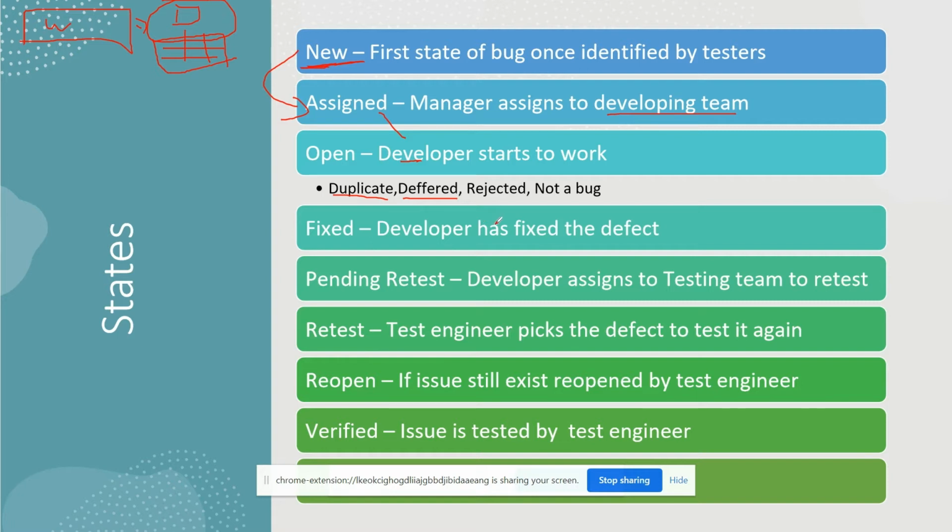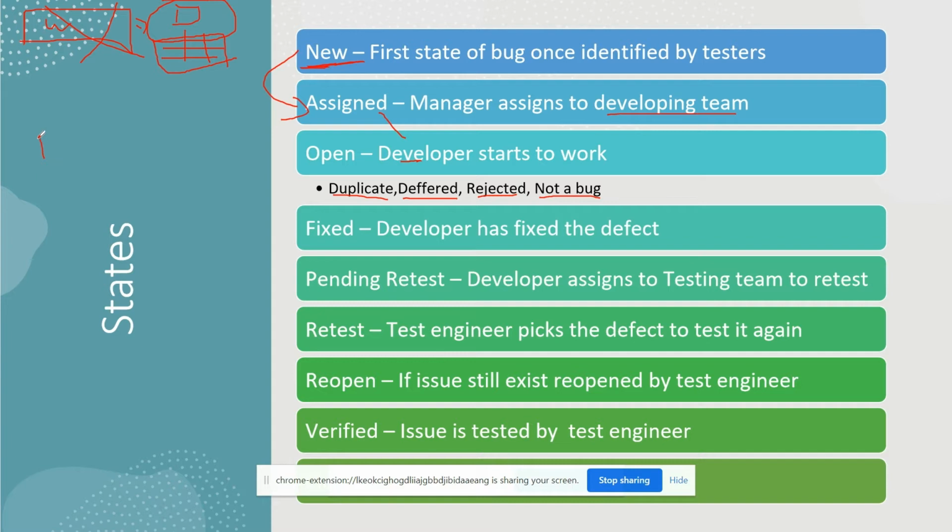And if he feels that this is not a proper bug, or he is not able to recreate it, or any other issue like that, he will reject the bug and update the status as rejected. And if he feels that this is the functionality, ignore this case.